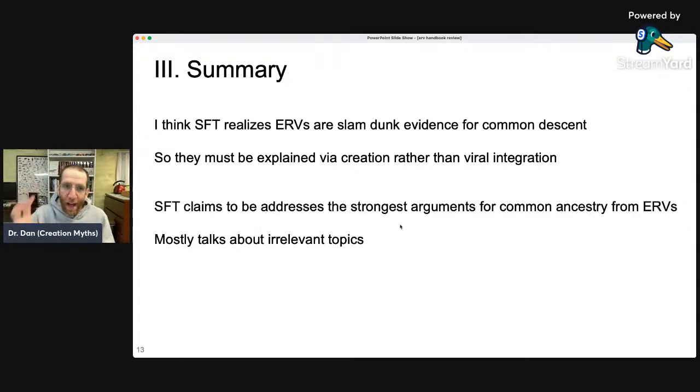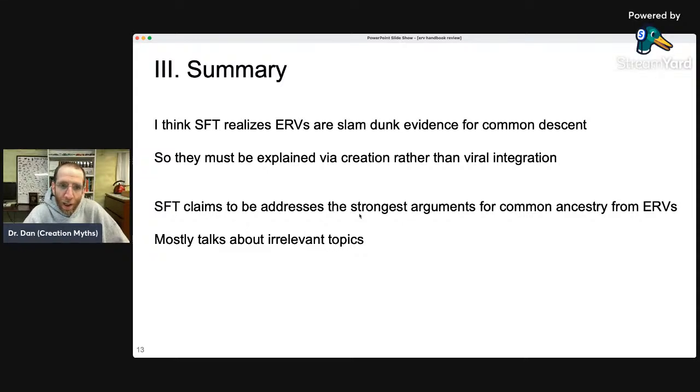So SFT claims to be addressing the strongest arguments for common ancestry that you get from ERVs. But most of the book is talking about irrelevant stuff.